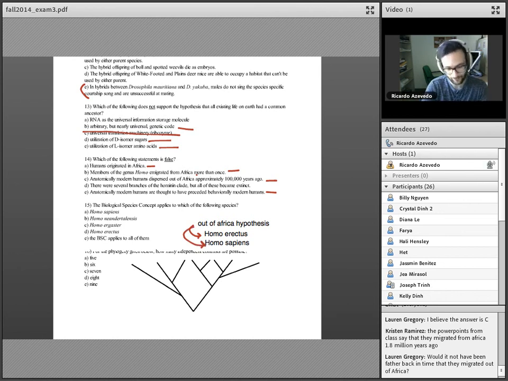There's Homo erectus, which came out of Africa more than a million years ago, so 1.5 to 1.8 million.